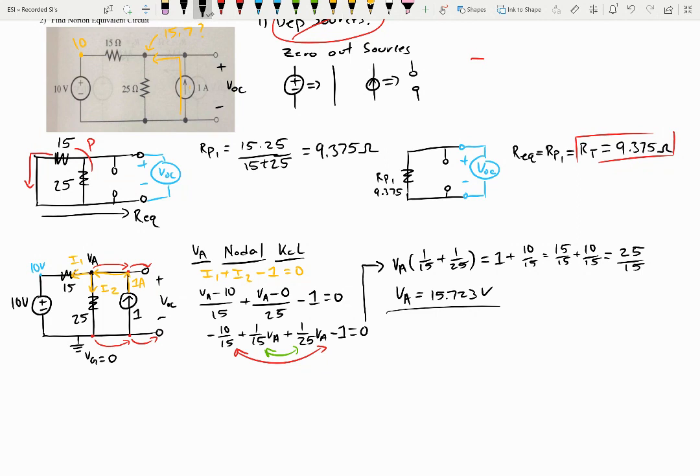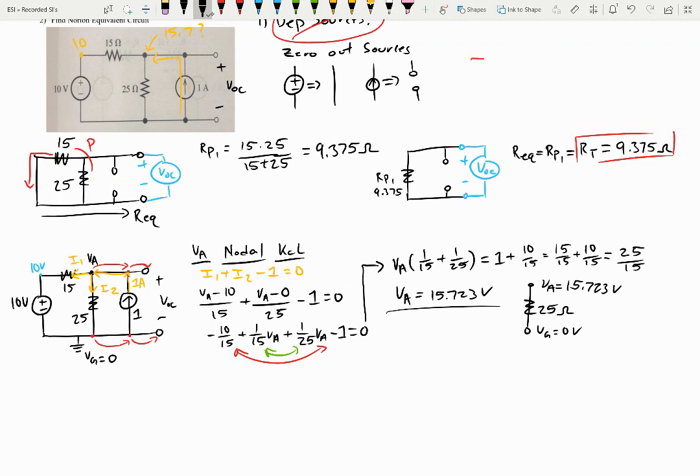Okay. So now that we know what V of A is, let's go ahead and find out what that would be. So this is the 25 ohm resistor. This is V of A, 15.723 volts. And this is V of ground down here, which is 0 volts.